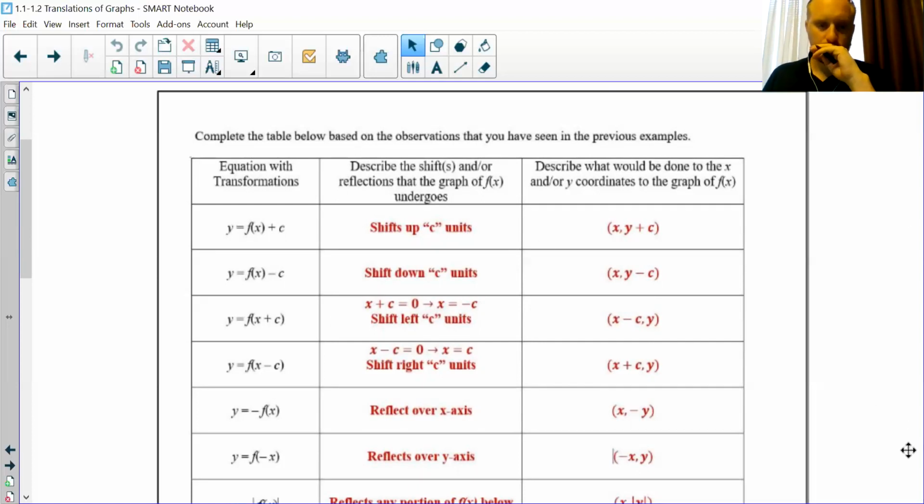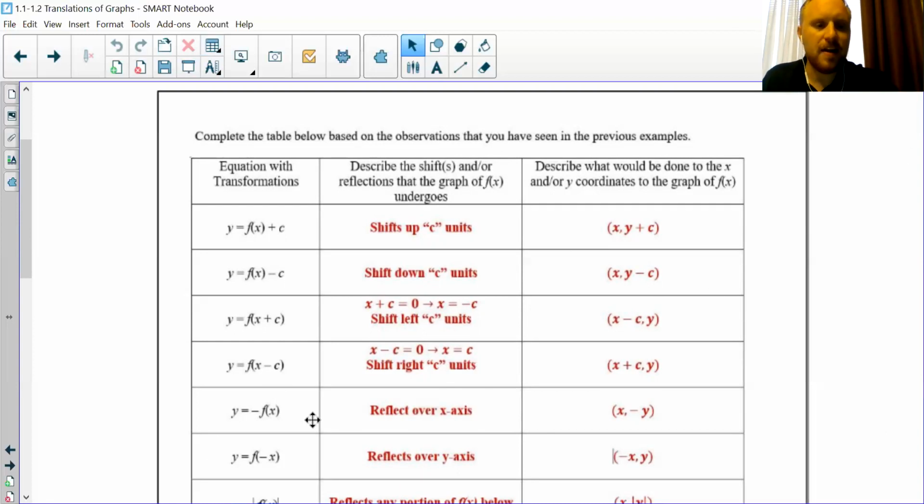Okay. And then if inside the parentheses it's minus, then when we set x equal to 0 and we solve, we're going to notice that it's a positive value. So we're adding to that. We're shifting it to the right. All the points that are on the x, we're shifting to the right.